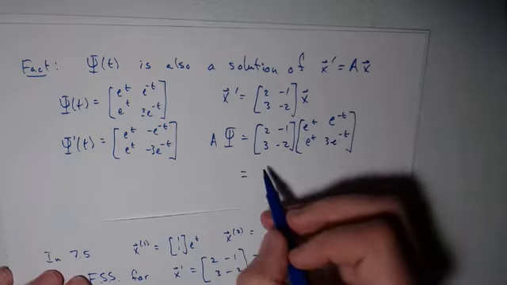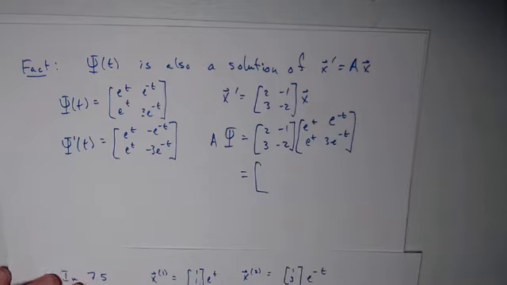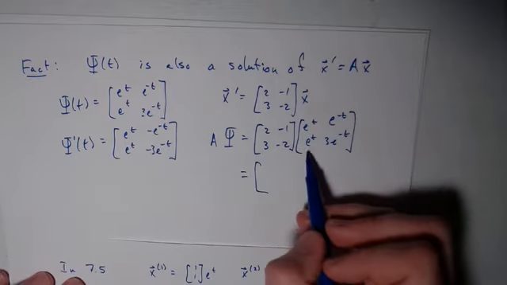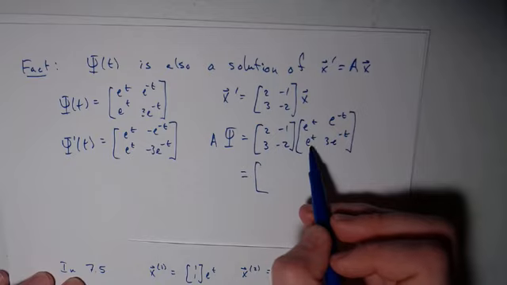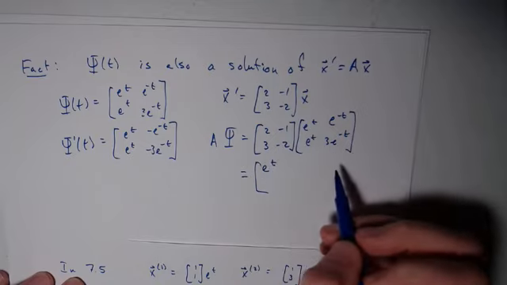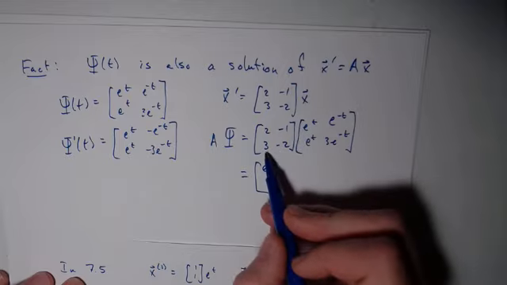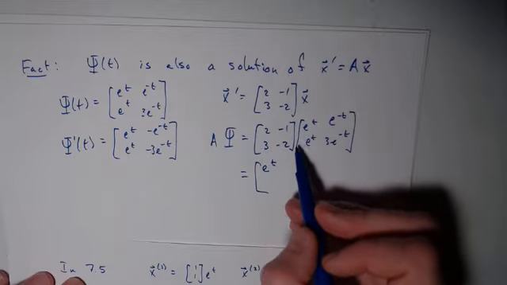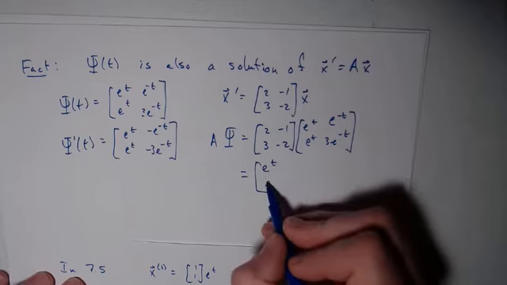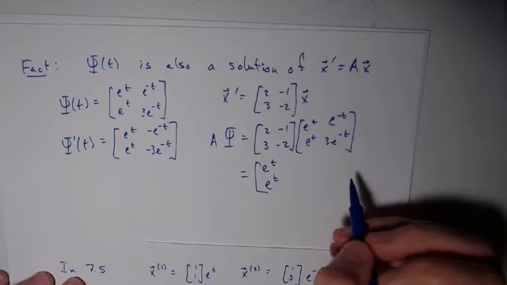And so our first position there is row 1 times column 1, so that's 2 minus 1 e to the t, that's e to the t. And this position here is 3 times e to the t minus 2 e to the t, so that's also e to the t.